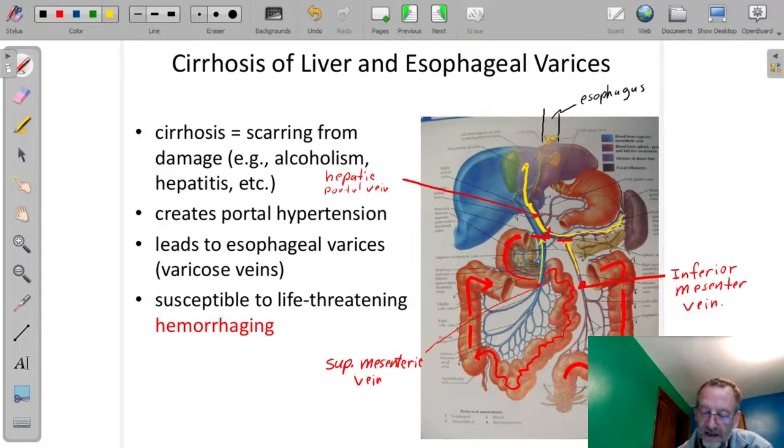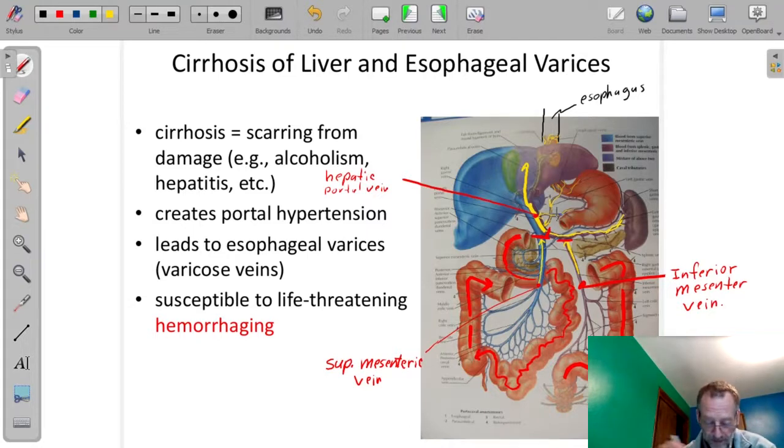So those veins on the esophagus then drain into this portal system also, merging with blood from the stomach. Many anastomoses, but they also drain into the hepatic portal vein. Okay, so that's important to remember.